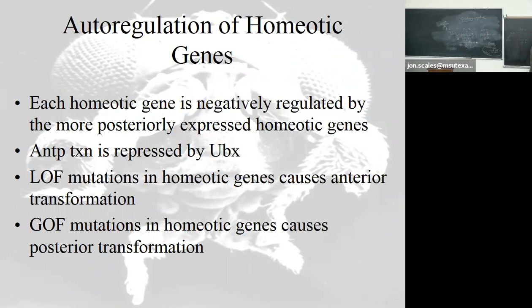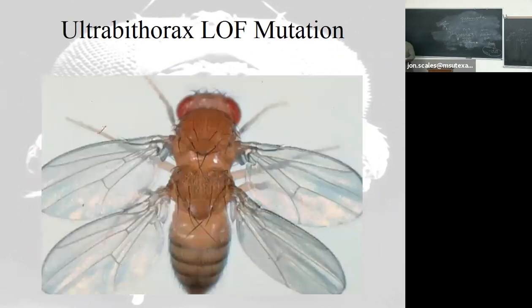Okay? So gain of functions make anterior things look more posterior. Loss of functions, just the opposite. They make posterior parts look more anterior. So if Antennapedia is supposed to be restricted by ultrabithorax, and ultrabithorax has lost its function, what happens?